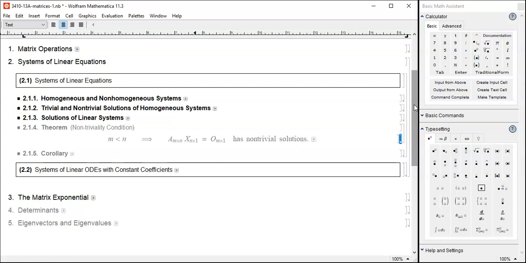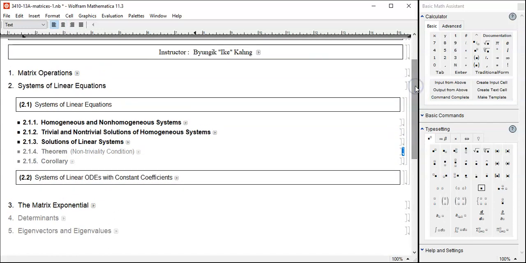So if the number of unknowns is more than the number of equations, then no good. Non-unique solutions. And what if the number of equations is more than the number of unknowns? That too is going to be a problem. But that's actually a little bit easier, and it comes from a corollary of this theorem.